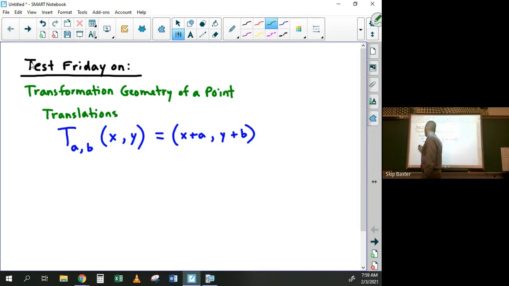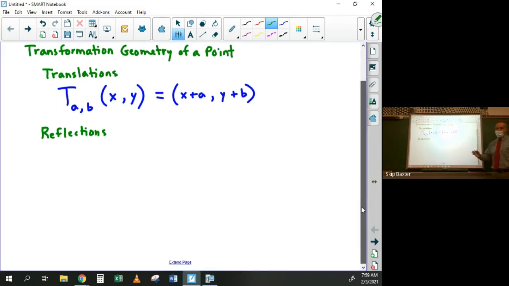Okay, then we talked about reflections. And the whole deal with reflections is you should graph it. Okay, so you should have a piece of scrap graph paper for your quiz or for your test on Friday. Make sure you have it ready to go so that you can do it.